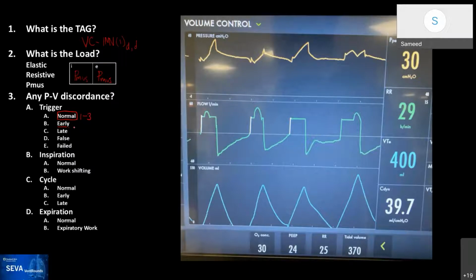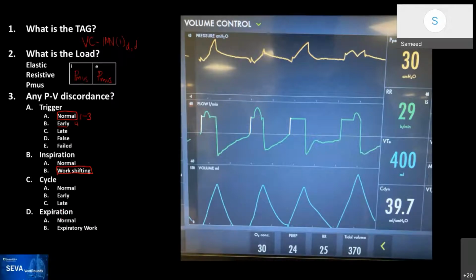Inspiration, I would say there is work shifting in inspiration. I wouldn't say there is extreme work shifting, but there is some work shifting in inspiration for sure, with that hump coming in, and maybe the algorithm in the machine is making it change to a different mode. Cycling, I think it's appropriately cycled for the most part.